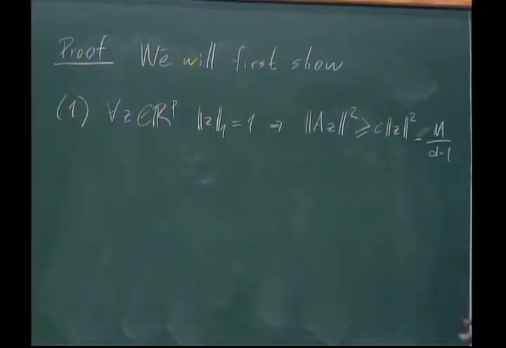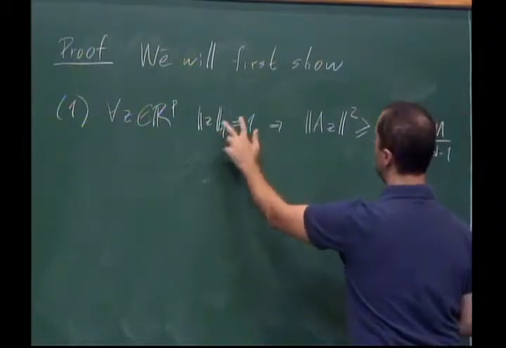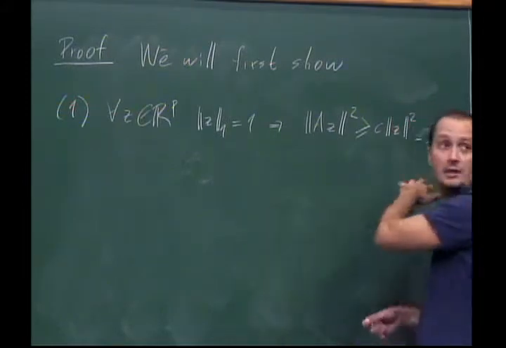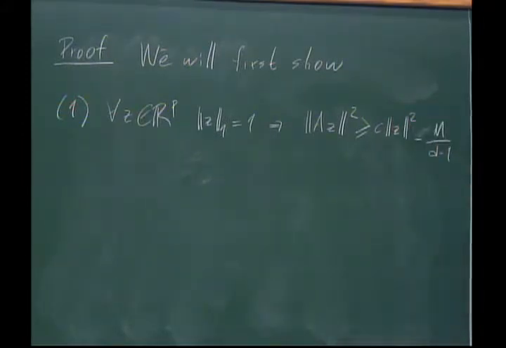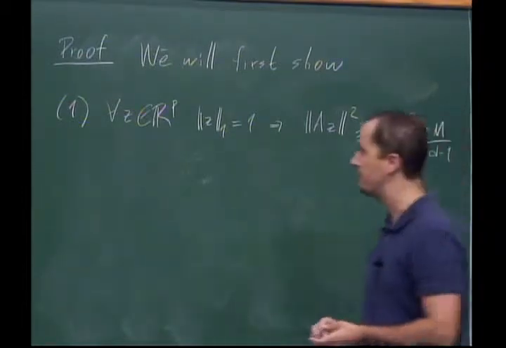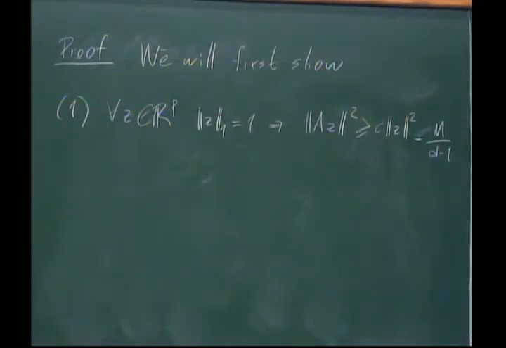If you consider a vector that doesn't have norm 1, it suffices to divide by the norm on both sides, and you can see what happens. But for the time being, we're going to stick with vectors with norm 1. This is going to be the crucial step in making the proof work.